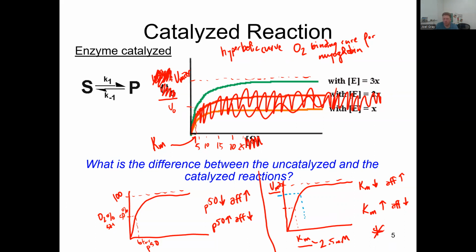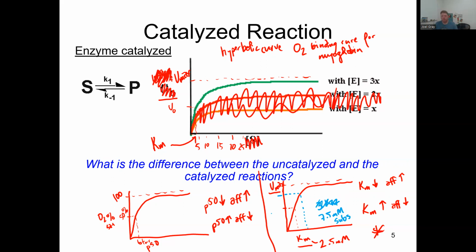Now, the question that we were just working through is what substrate concentration will get you to 75% of your Vmax? And the answer was 3 times your Km. So essentially, 7.5 millimolar for this example. Remember, I just arbitrarily came up with this number for this Km. 3 times your Km, or 7.5 millimolar of your substrate, gets you to 75% of your Vmax.